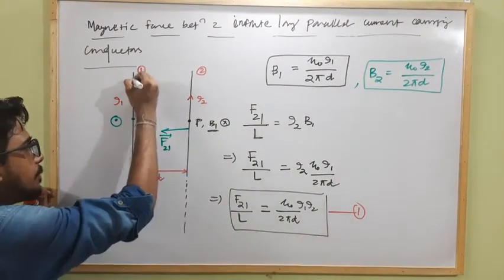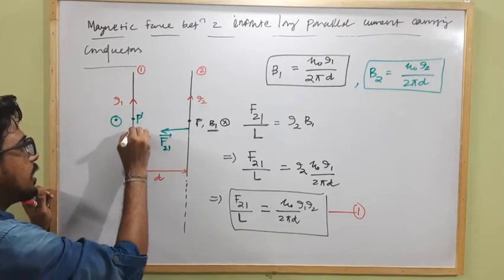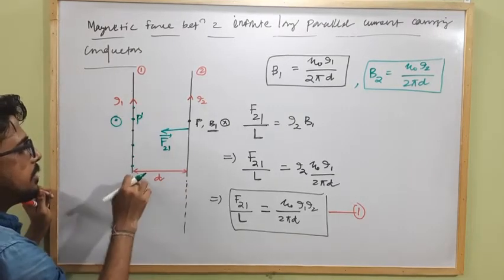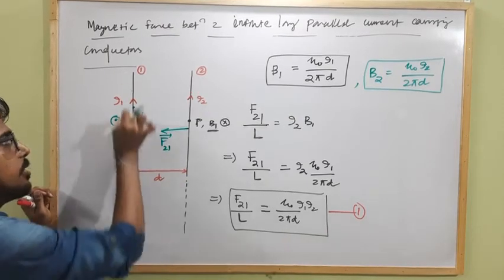And as these are parallel conductors, each and every point on this conductor will be at the same distance from the second conductor, and the magnetic field strength will be the same.